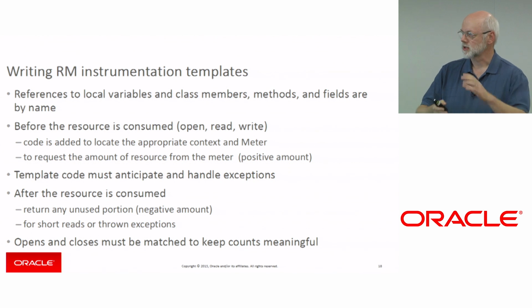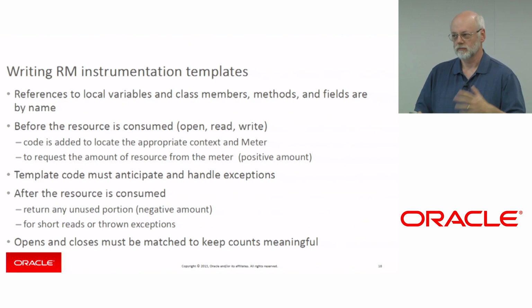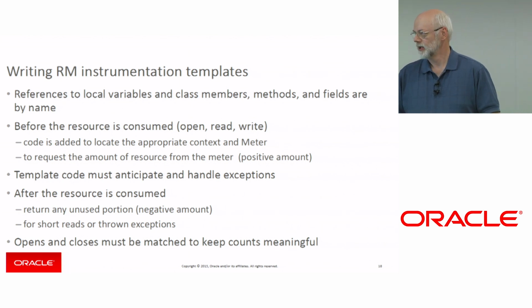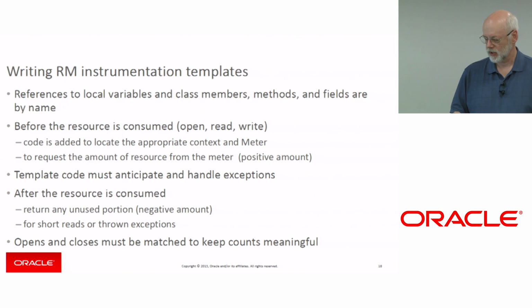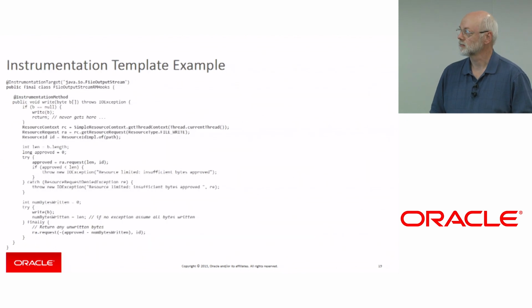And then after the resource is used, you may have to deal with residual effects of the exceptions. And then another important one is that you always want the opens and closes to be balanced, so at any time the resource management view has an accurate number of how many files are open or sockets.